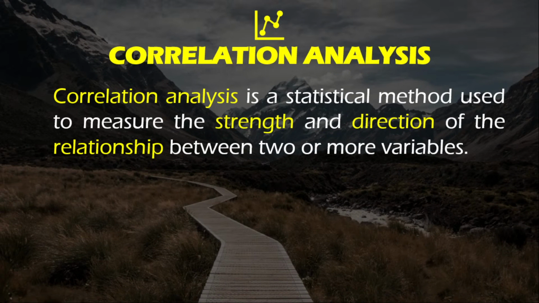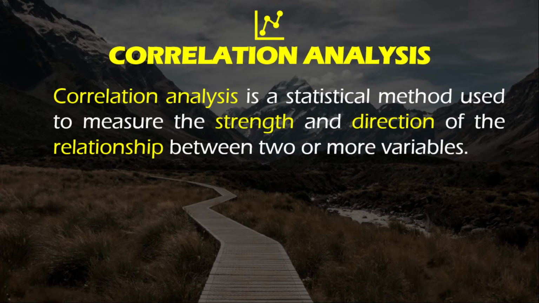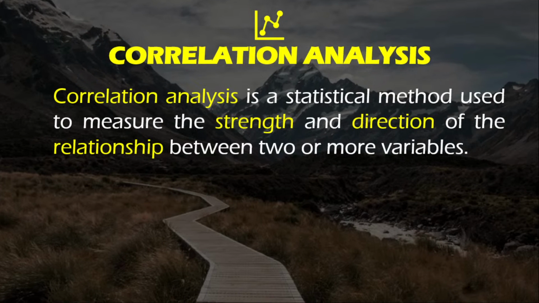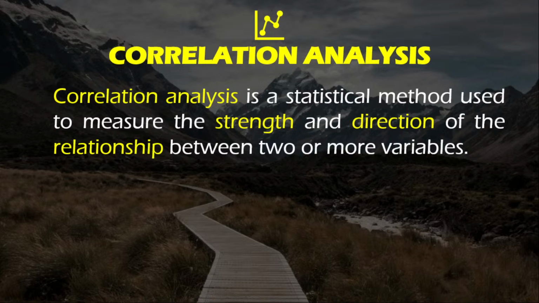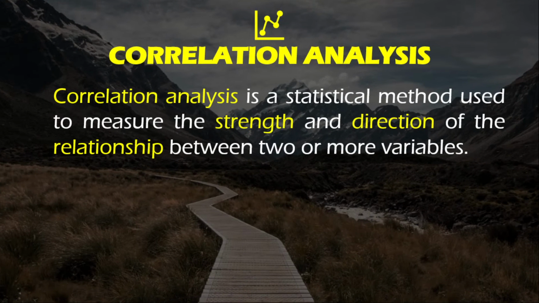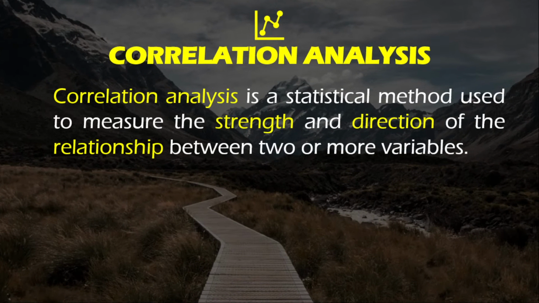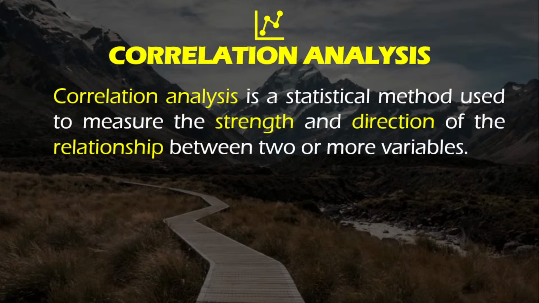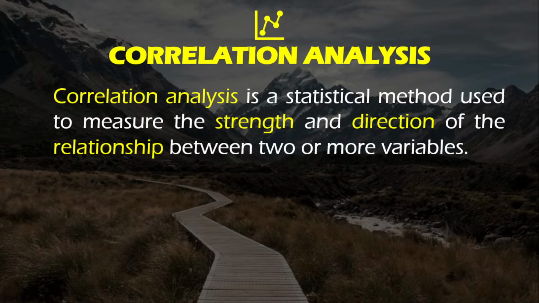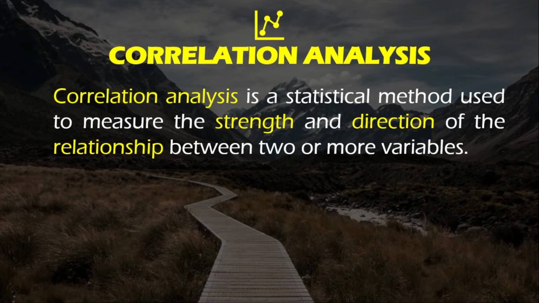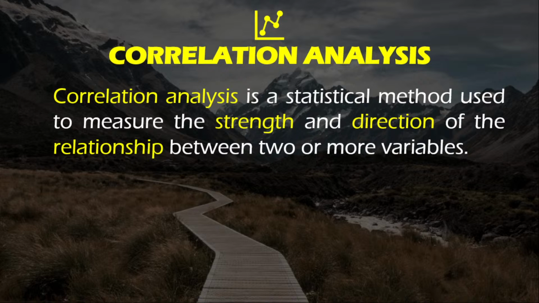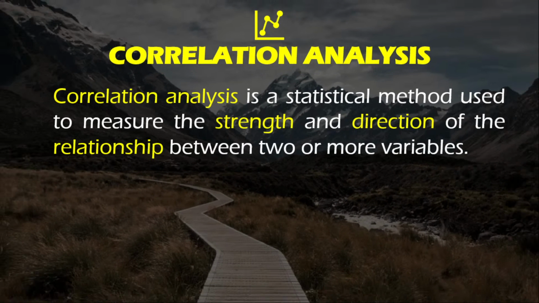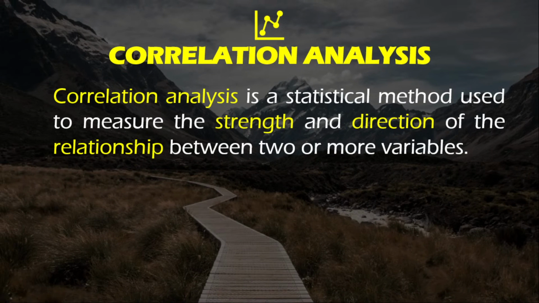It checks if there is a relationship between variable A and variable B. If there is, how strong is the relationship? In what direction is it going? Is it a positive relationship or a negative relationship? Is it strong or weak? That is what correlation analysis does.